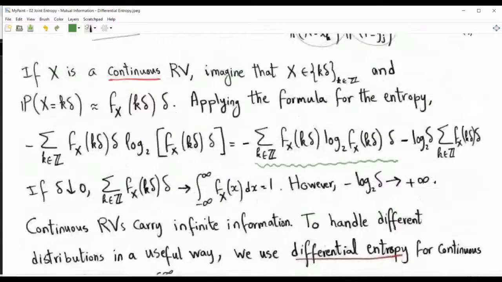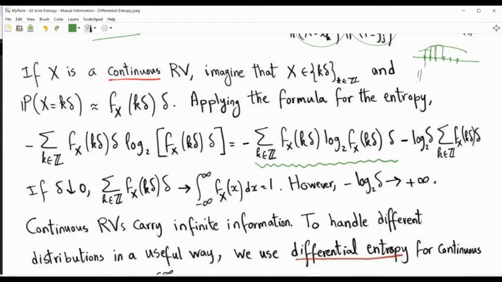Suppose that x is a continuous random variable. We don't know about the continuous random variable directly, but we can generate a discrete random variable by discretizing: you take the axis and divide it.